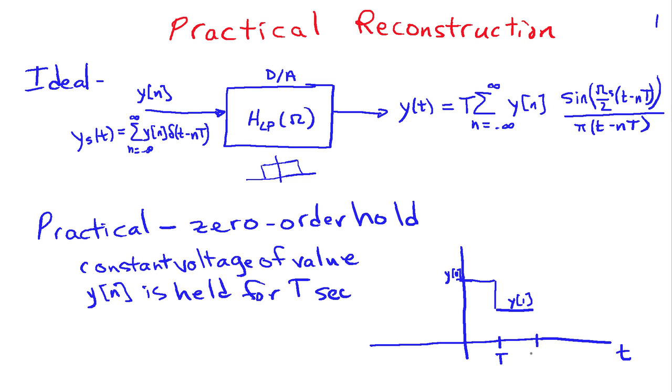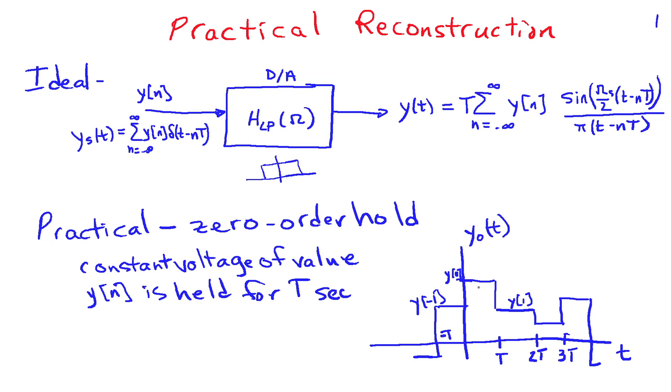So this is 2T, and so on. So we get this stair-step behavior. Amplitude here is y of minus 1. So we get this stair-step signal, and we're going to call that y subscript 0 of t to indicate that it came from the zero order hold.